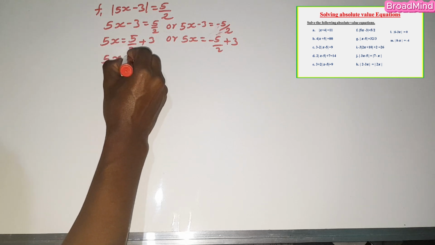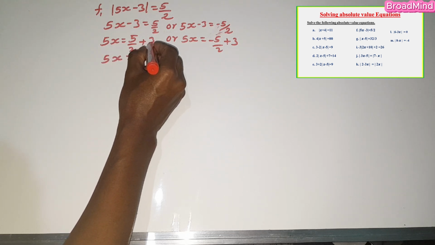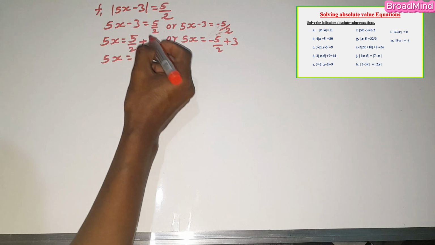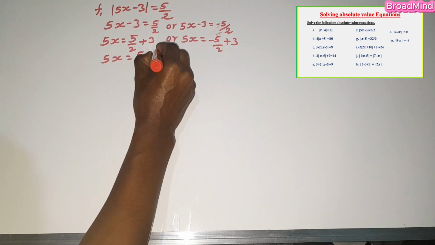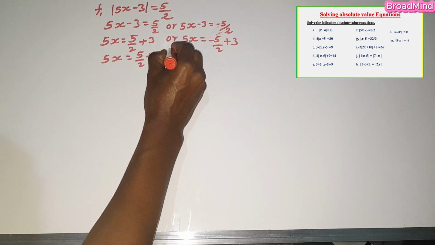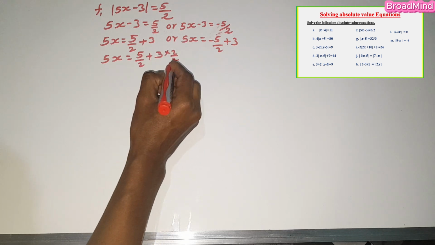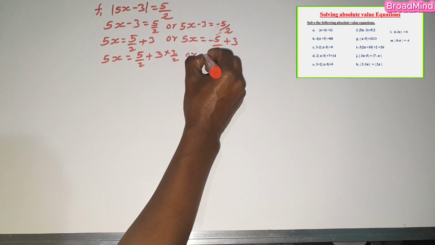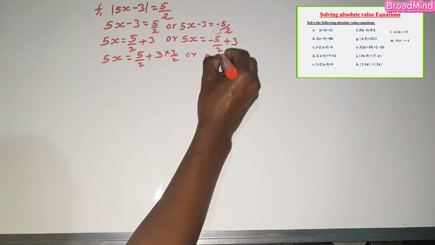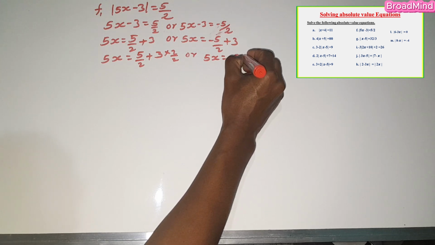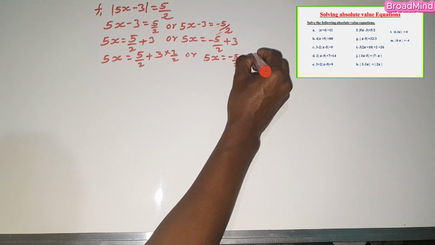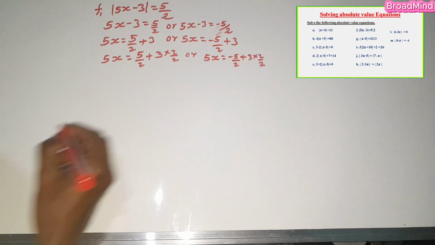How do we make the same denominator for these numbers? 5 over 2 plus 3 multiplied by 2 over 2, or also 5x is equal to negative 5 over 2 plus 3 multiplied by 2 over 2.